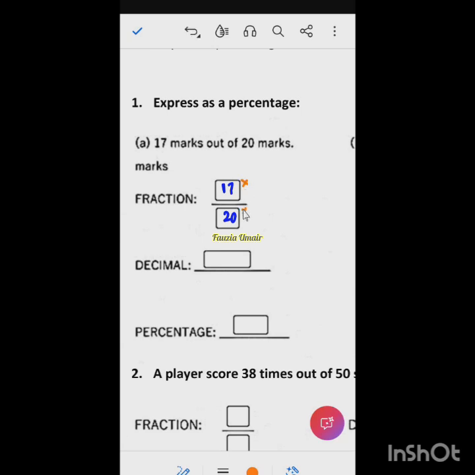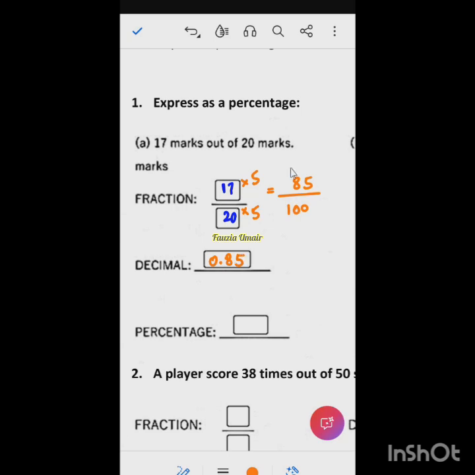So I have seen that the number in the denominator is 20. So I know that if I multiply this 20 with 5, the denominator will become 100 and the numerator will be 85, right? So now I can write down, because I know 85 by 100 is 0.85.